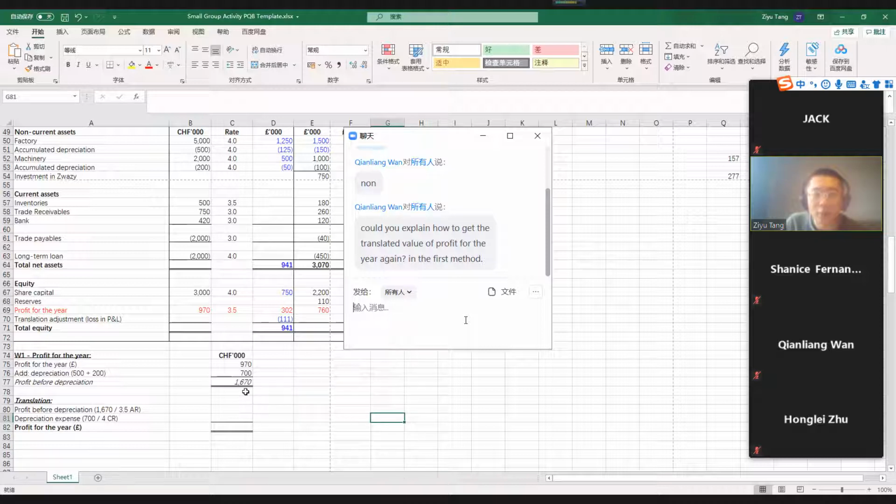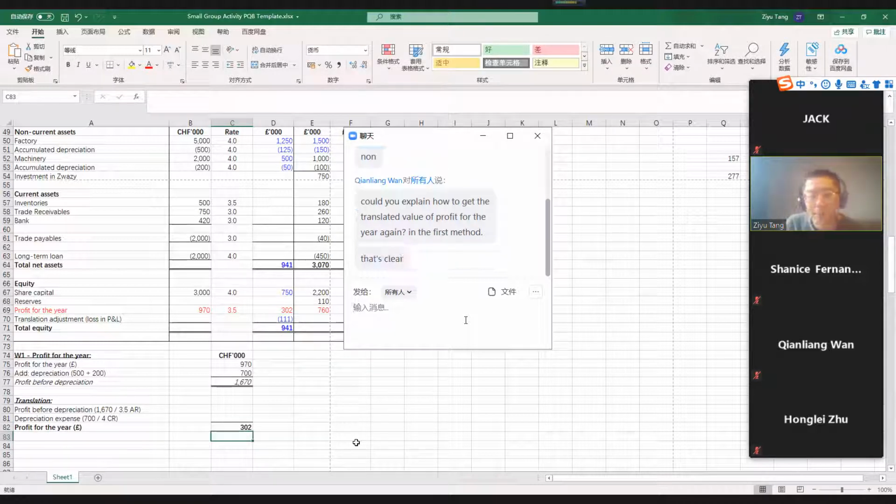After calculating the profit before depreciation, you divide it by 3.5 and minus the depreciation expense, which is the real depreciation expense, divided by 4. So the profit for the year is equal to 302. Okay? Is that clear?